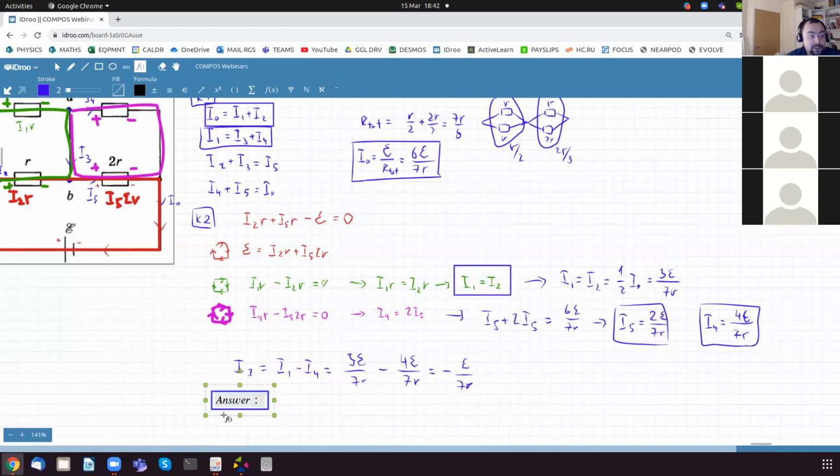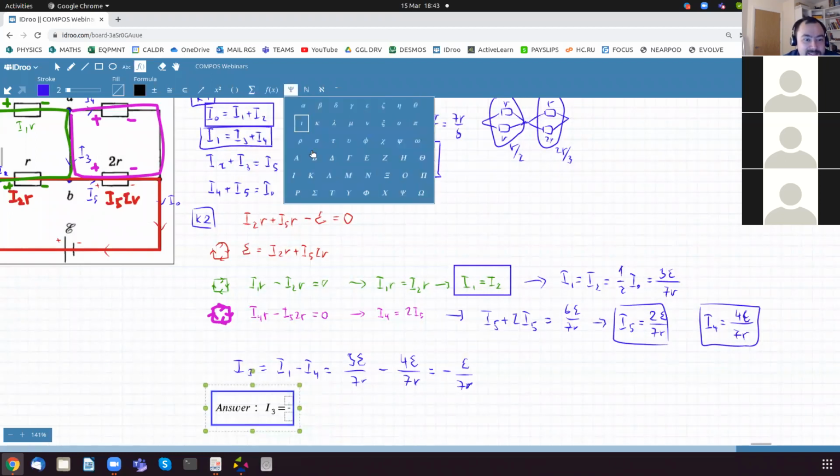Yeah, I assumed the direction is downwards, but I was wrong. So the answer is that the current I3 is... no, what's the symbol?